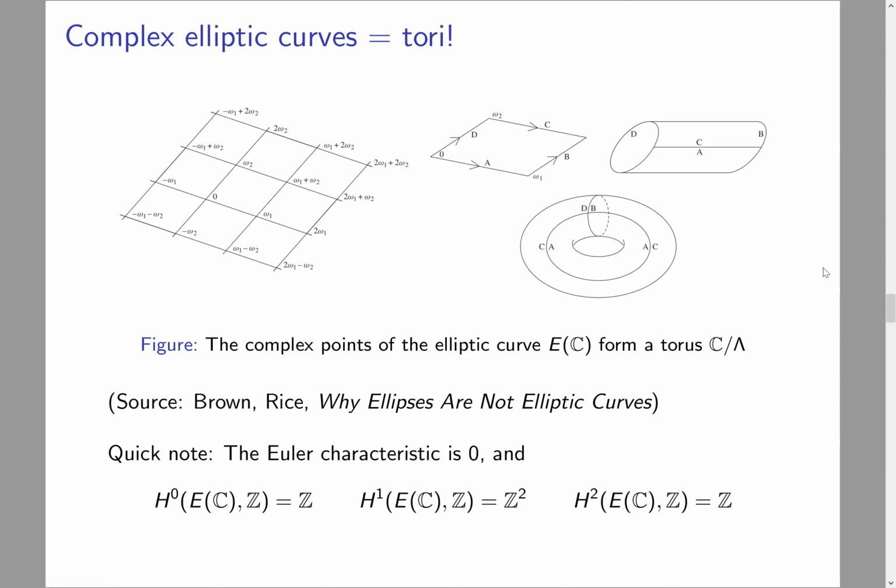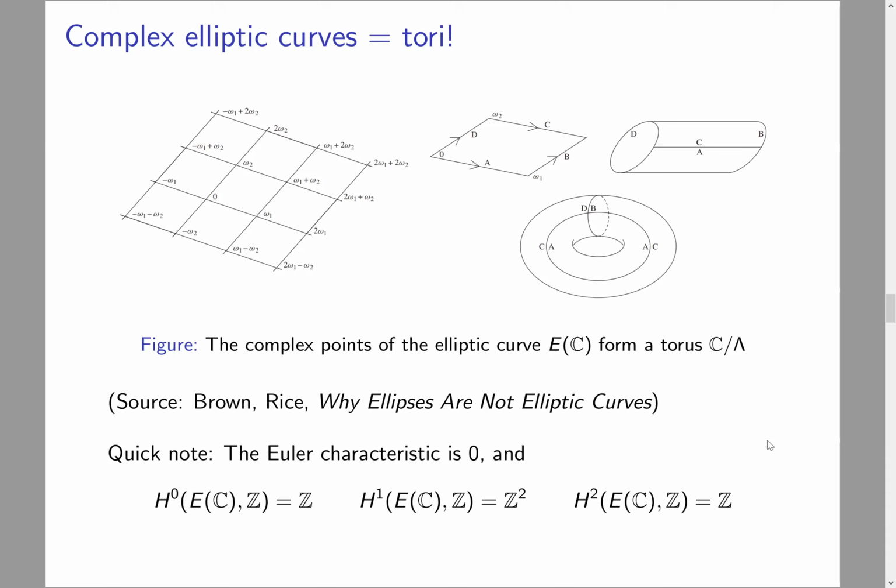And that leads into a quick topological note: if you wanted to calculate some nice topological invariants, like the Euler characteristic, or the homology or cohomology groups, then every elliptic curve spits out the same things. Elliptic curves always have Euler characteristic 0. Oh, and I should also say that we said in passing that elliptic curves, being cubic equations, have genus 1.